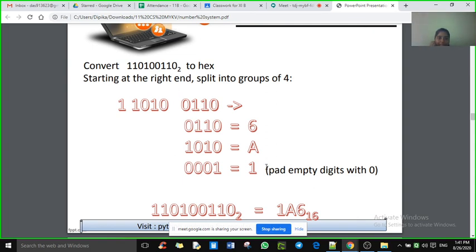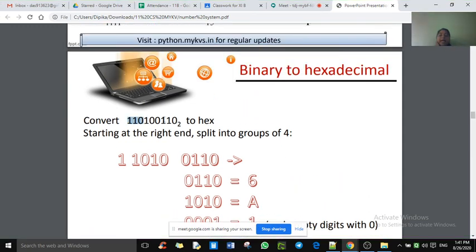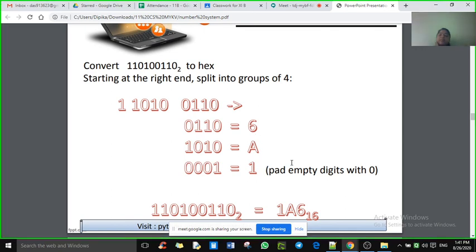Bipasha, what will be the result? 1A6 base 16, ma'am. Very good, correct. So that's about the conversion from binary to the hexadecimal number system.